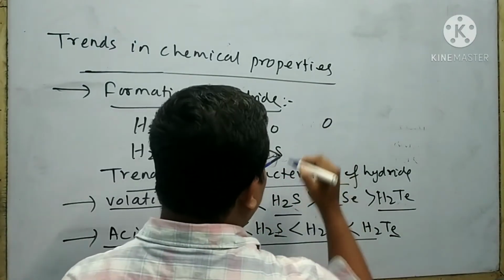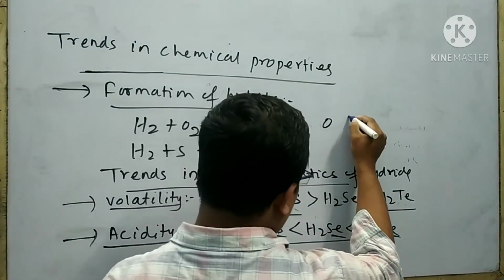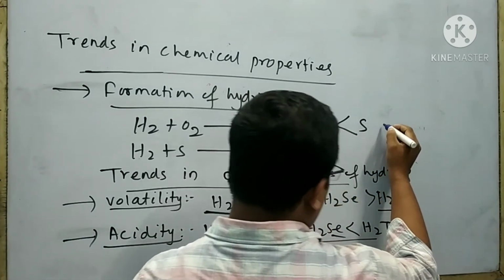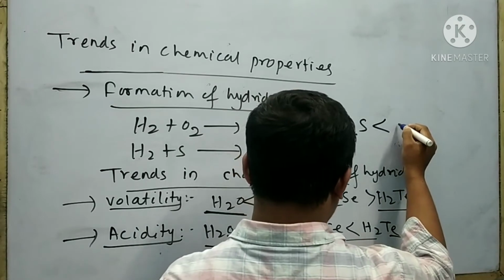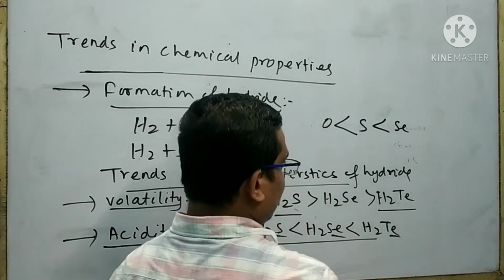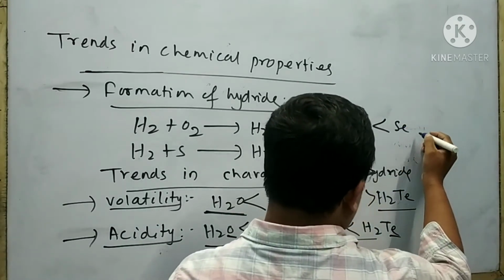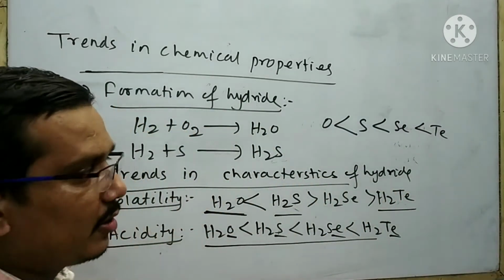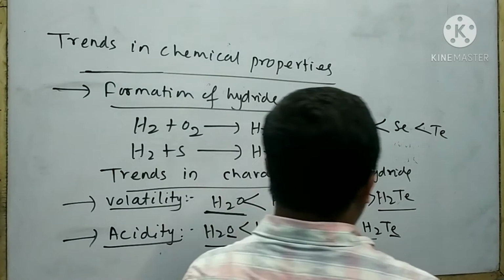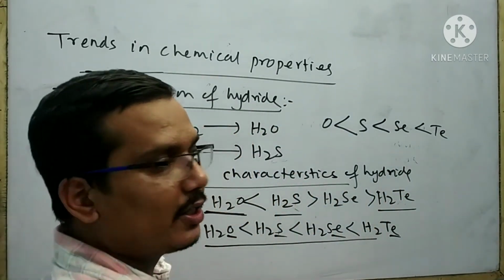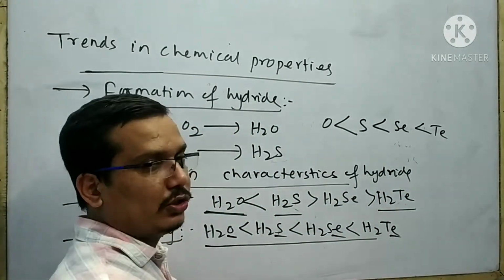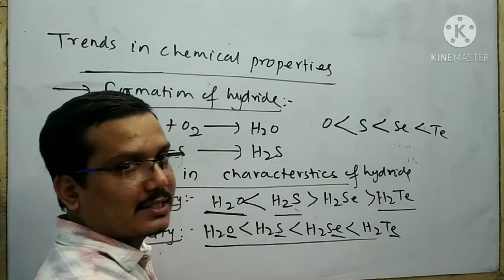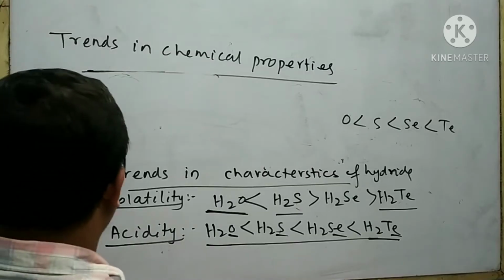Since the atomic size of oxygen is smaller than sulfur, and sulfur smaller than selenium, and selenium smaller than tellurium, as a result the covalent bond strength goes on decreasing. This is due to the increase in atomic size of the central atom.